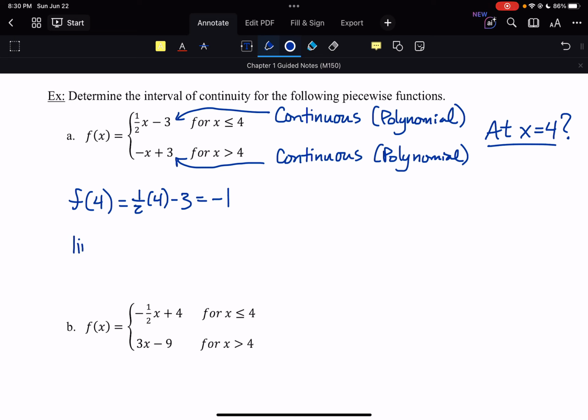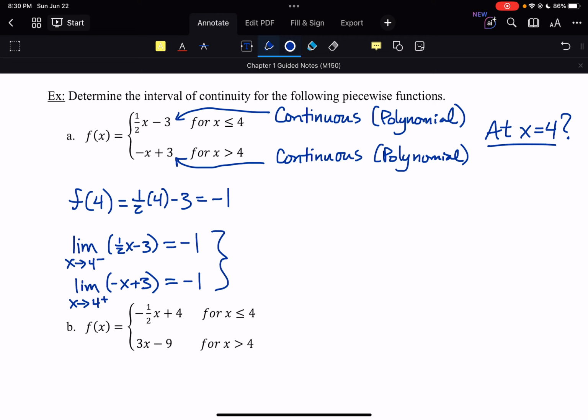If we check the limit as x approaches 4 from the left, we are on the left-hand line, which is basically just the calculation we just completed. If we check the limit from the right-hand side, we're on the negative x plus 3. So plug in 4 again, and we also get negative 1.